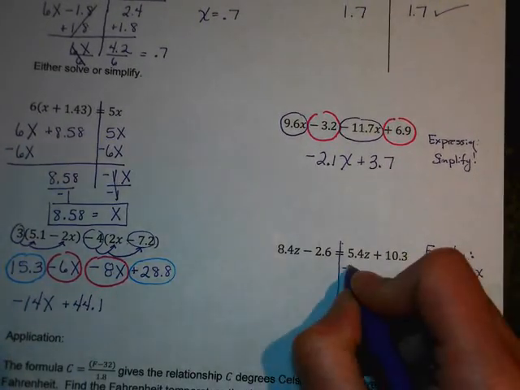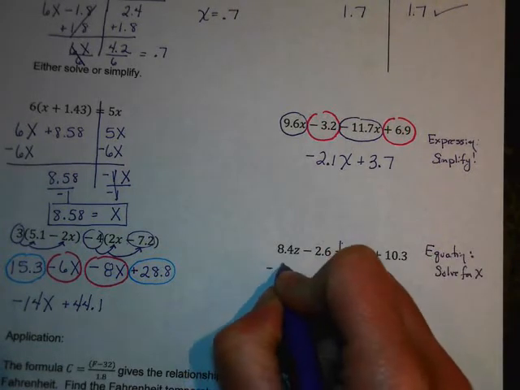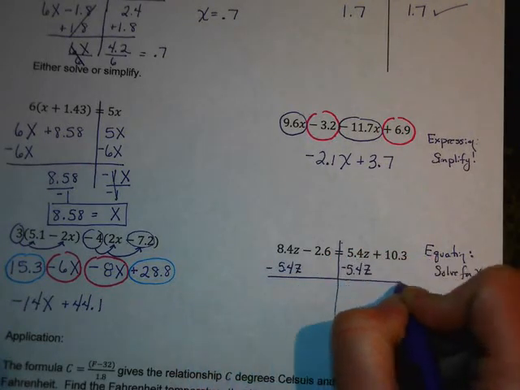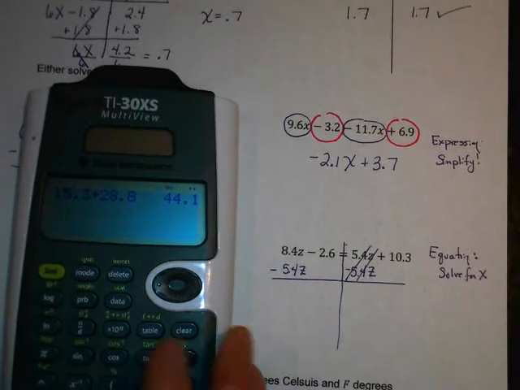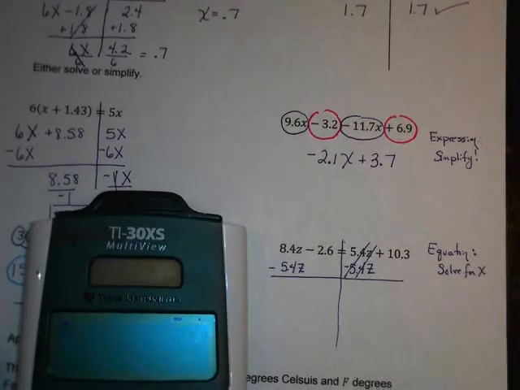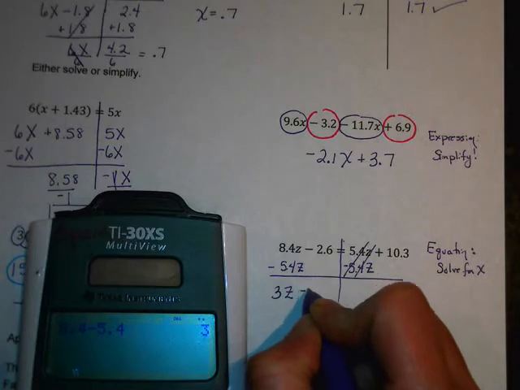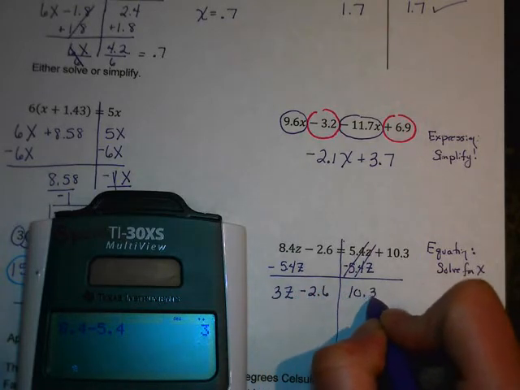So let's see. I'm going to subtract 5.4z from both sides. So I'll have, if you guys can see it already, but I'll go ahead and do it on my calculator, 8.4 minus 5.4. So that'll give us 3z minus 2.6 equals 10.3.